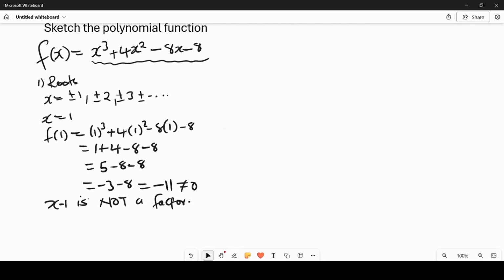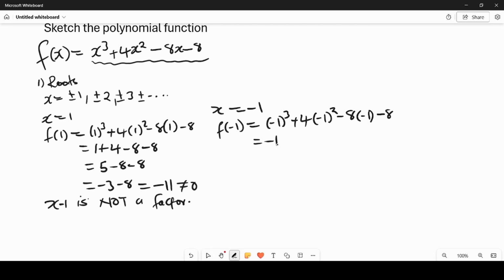Okay, let's try now x is equal to -1, and let's substitute the -1 in the given polynomial. Minus 1 cubed plus 4 times minus 1 squared minus 8 times minus 1 minus 8.